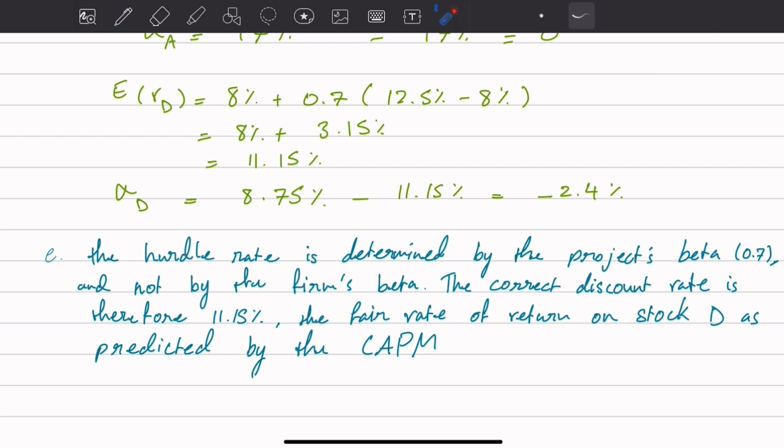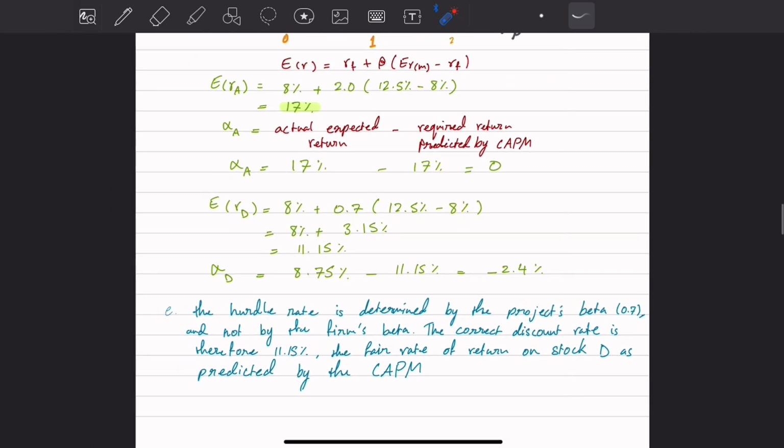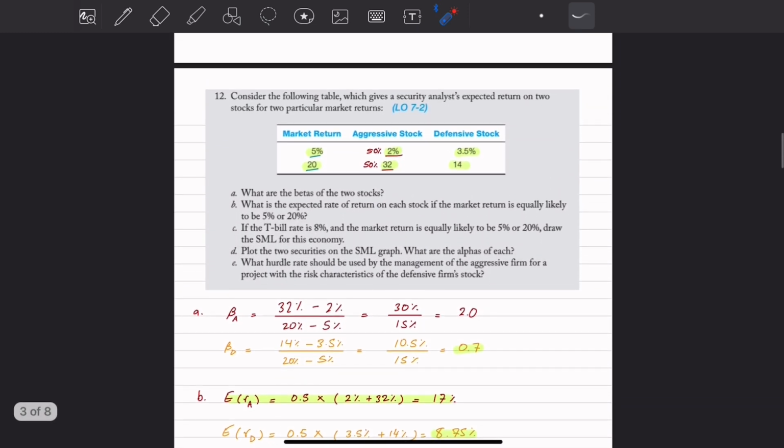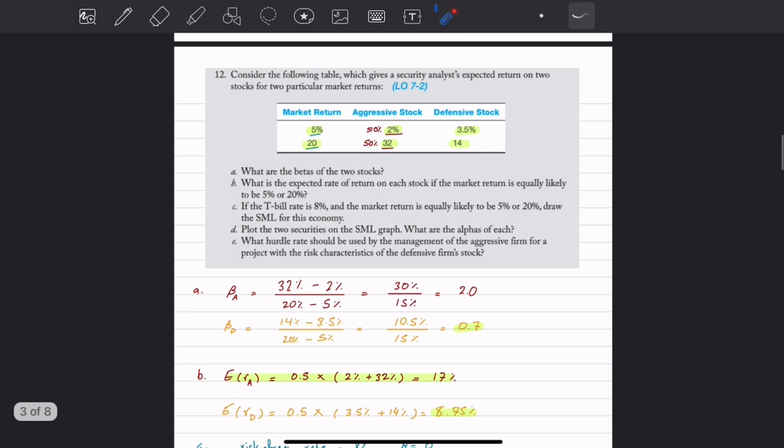Now, let's go back and recap, since this is a relatively long question. In fact, this is the longest question that we have selected from this chapter. So let's see what we've done. Just to quickly remind you, we were given this table to show us how each of these two stocks would react for two different scenarios of the market, scenario 1 and scenario 2.